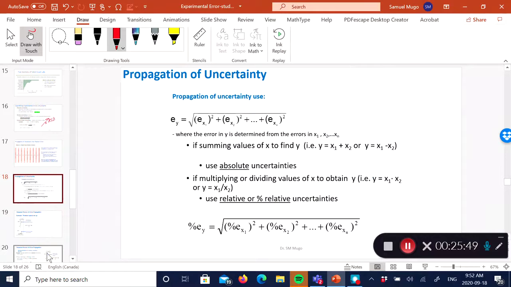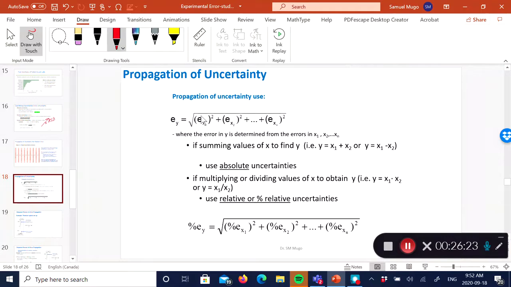So how do you do this? Typically, you use this propagation of uncertainty equation. Okay, this E refers to the errors, and then you square them and sum them up and take the square root of what was summed. Now, if the operation between maybe step 1 and 2 involves addition or subtraction, this E should be the absolute uncertainty.